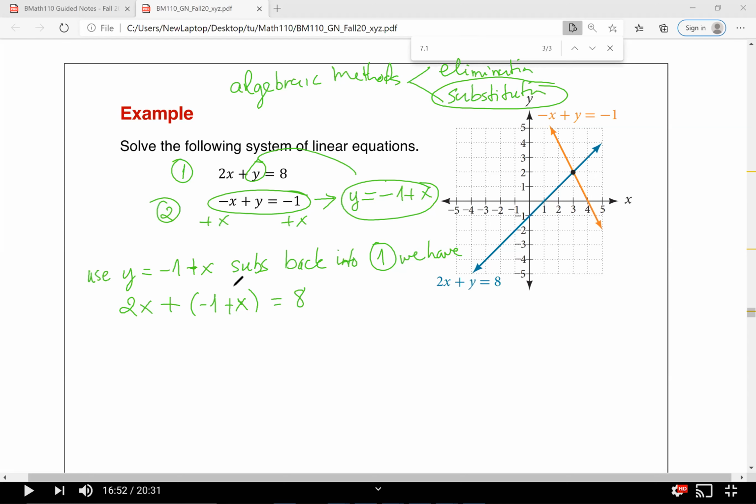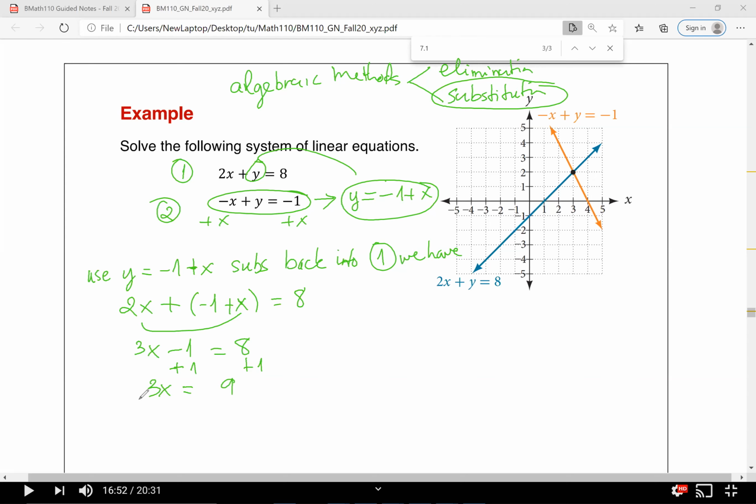Time to simplify the left hand side. 2x combined with the x gives 3x, and then -1 equals 8. Add 1 to both sides and you will have 3x equal to 9.